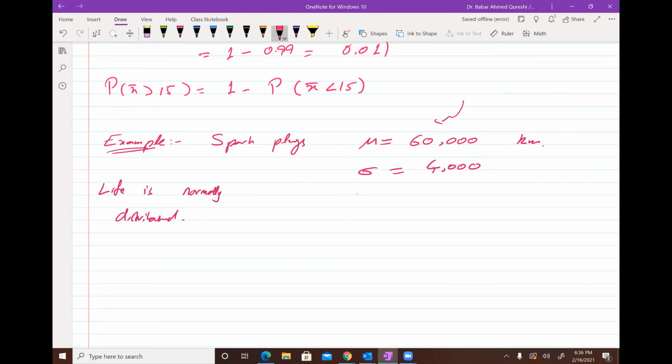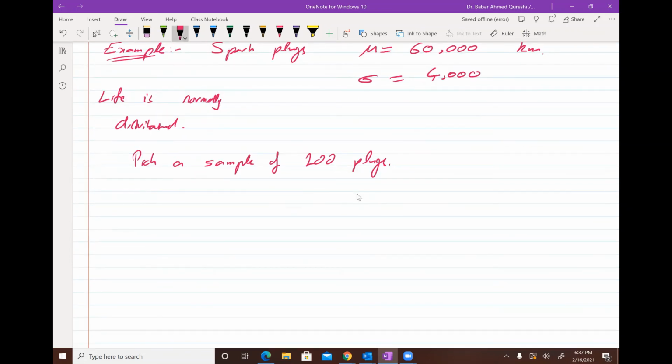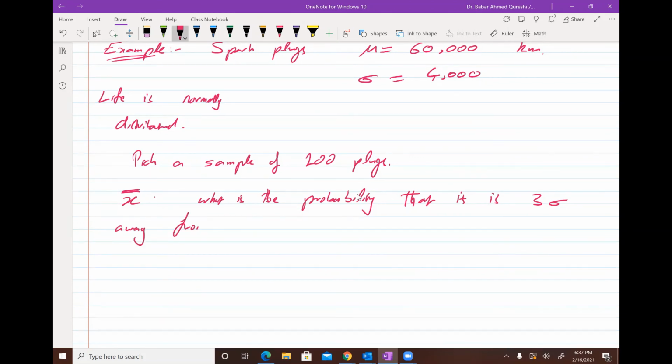You're not going to check all the plugs. You cannot check every plug made by the company. You pick a sample of 100 plugs. Now you know that if I just check their lives and compute the mean, what is the probability that it is 3 sigmas away from its normal distribution?